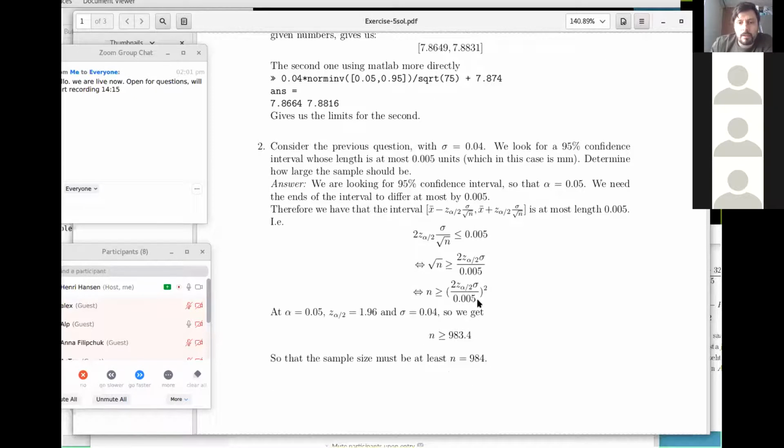We put these numbers in, remember alpha was 0.05, so we already calculated the z alpha over 2. Sigma here is 0.04, and we divide this all by 0.05. We get n greater than or equal to roughly 983.4. We're really only interested in the integer value, and because this is greater than 983 point something, we conclude that the sample size must be at least 984.